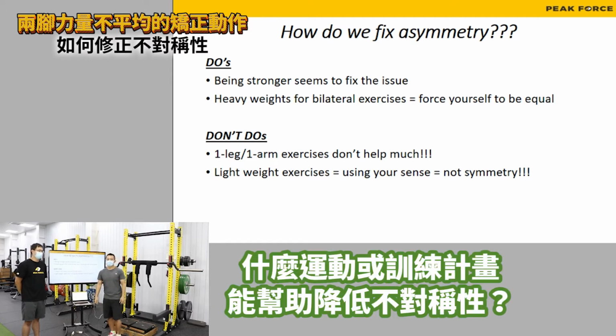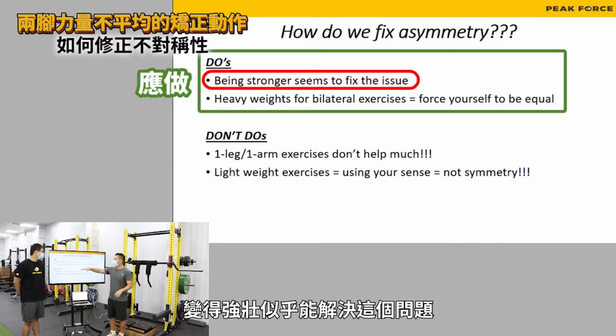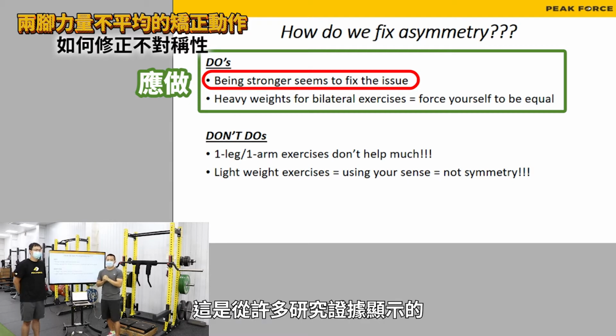Okay, so the do's, okay, the first one is actually being stronger seems to fix this issue. What it means is, most of the time, the people who have a high asymmetry, they tend to be very, very weak based on a lot of research outcome.